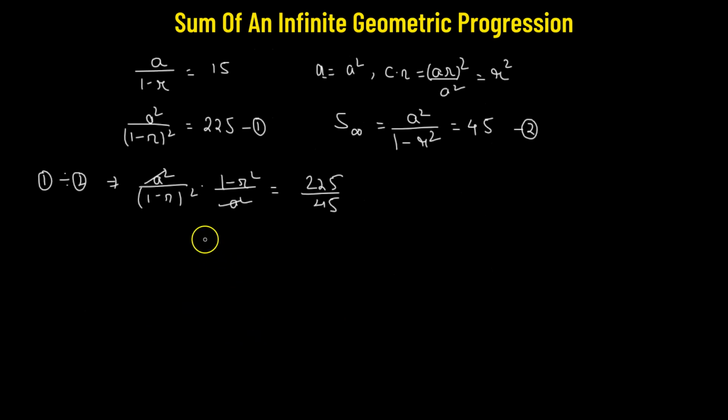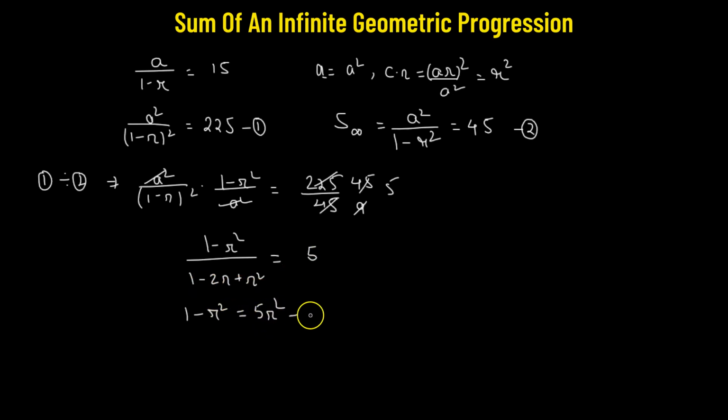And we have 1 minus r squared divided by 1 minus r whole squared, which is simply 1 minus 2r plus r squared. This equals, since 45 times 5 is 225, we're left with 5. Now we will have 1 minus r squared equals 5 multiplied by 1 minus 2r plus r squared. That's going to give us 5r squared minus 10r plus 5.